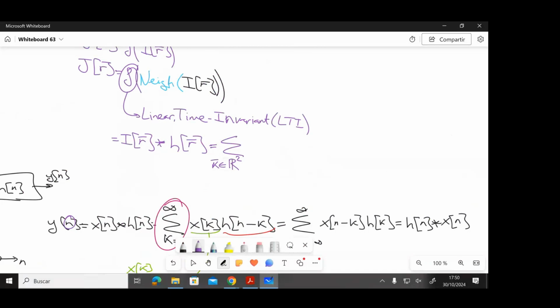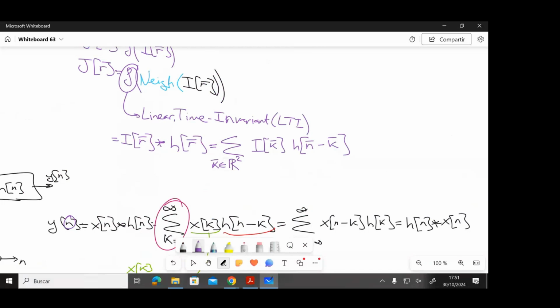This is well defined because I is an image and k is a location. Times h of n minus k. So it's the same that we had before, but now with vectors. I have expressed it in two dimensions, but it can be done in 3, 4, 5 dimensions. It is the same convolution formula that we had before, but now in any number of dimensions. And all you have to do is to consider vectors. Okay, so this is convolution.